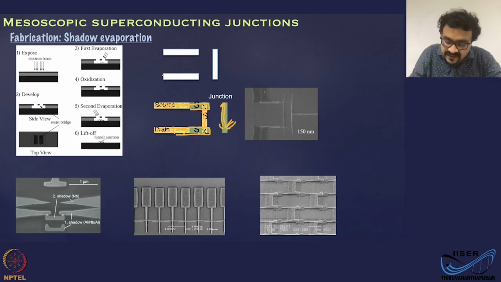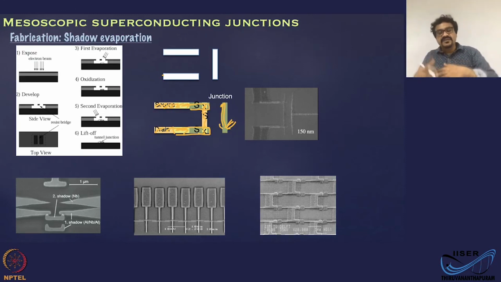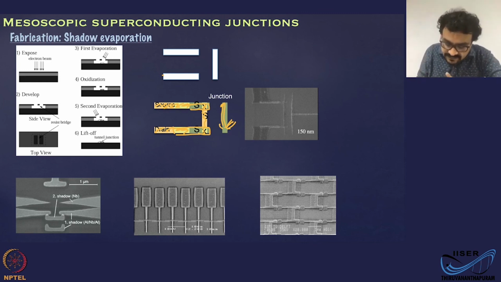But here, what you got is a superconductor which is oxidized. So there is a thin insulating layer in the middle. Then you get another superconductor, that is the result of the second evaporation. So first evaporation gave you this, then there is an oxide layer, the second evaporation gave you this, then you have superconductor, oxide, then superconductor.